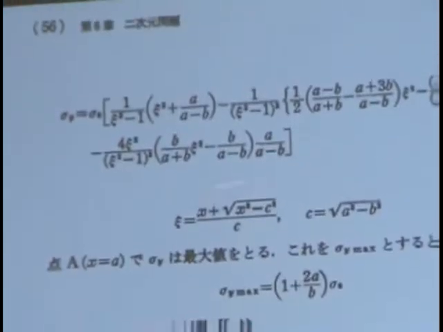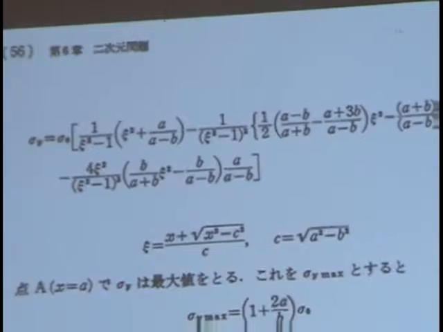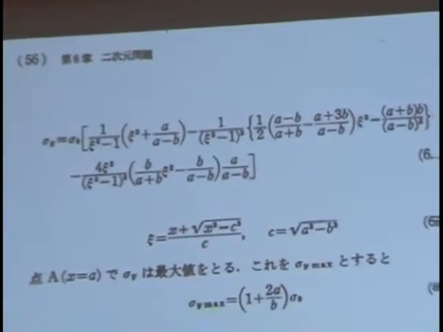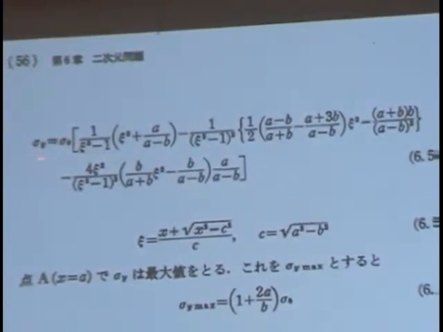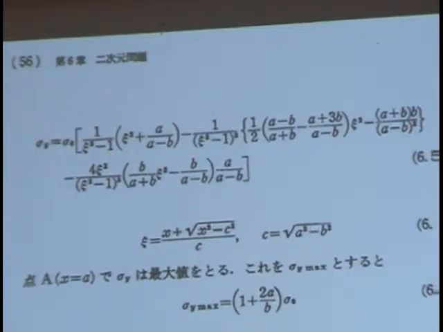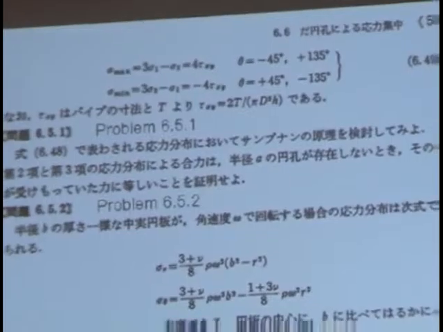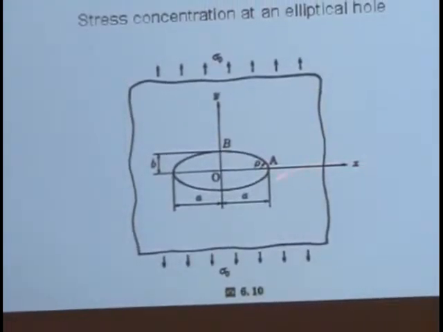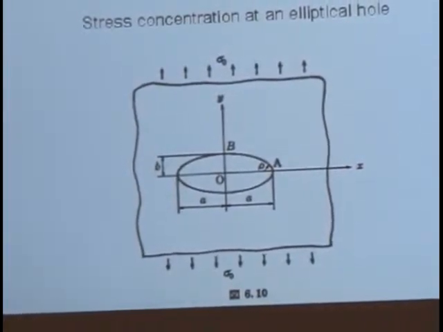And here I give this solution in terms of the Cartesian coordinate. So you cannot find this expression in other textbooks. See here, sigma y is the stress distribution on the x-axis, from point A in this direction.